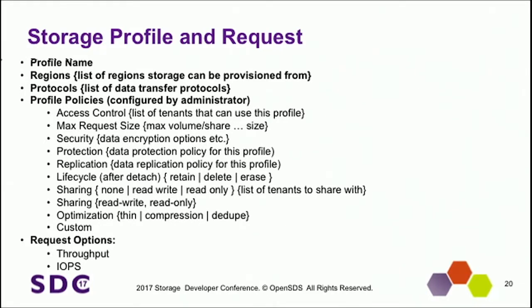What they are doing is that they have this kind of scenario: if the request for the volume is less than 500 gig, for example, create a thin volume, all right? But if the request is for greater than 500 gig, create a compressed volume. Now, these kinds of policies we should be able to support.